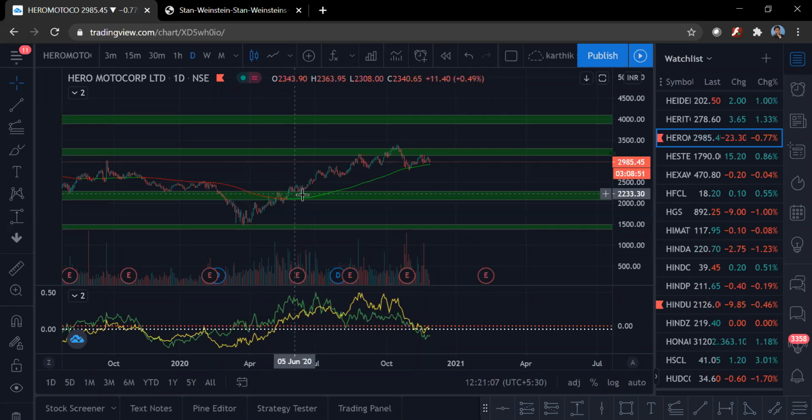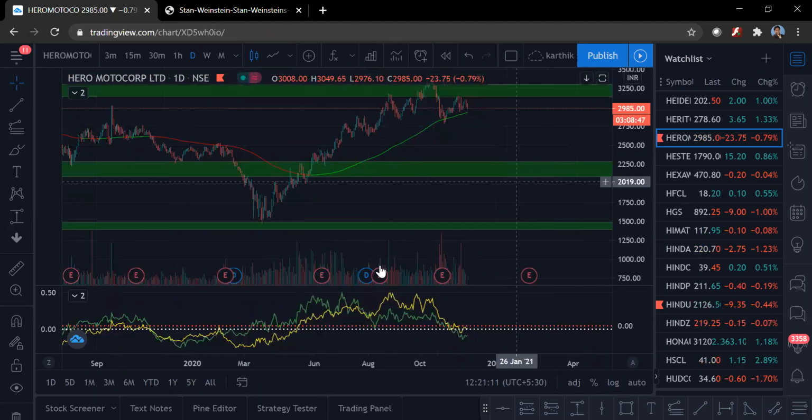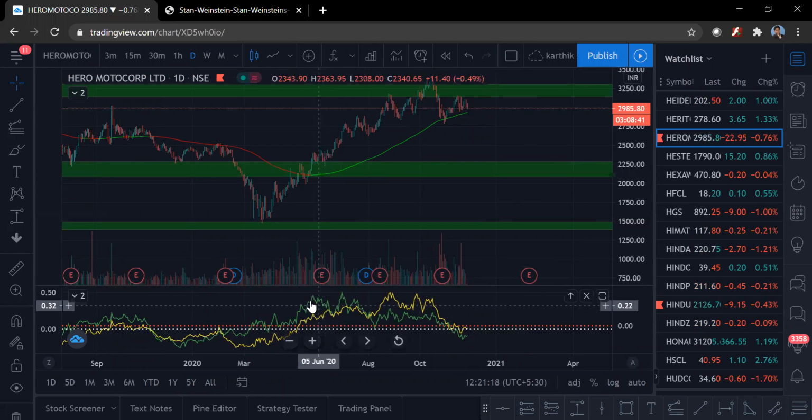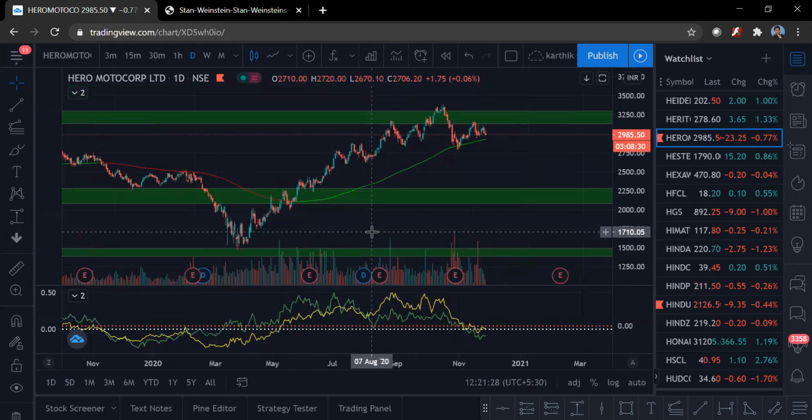So exactly what I meant was our entry should not only be based on our 150 days WMA and not only based on the indicator that's showing us the stock is performing better than the index. It should also be based on our stock presently being at a proper support area.